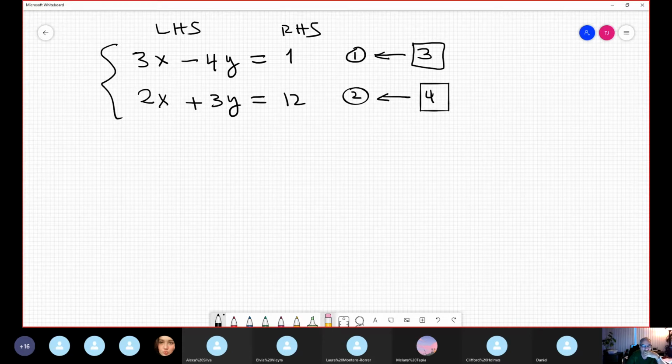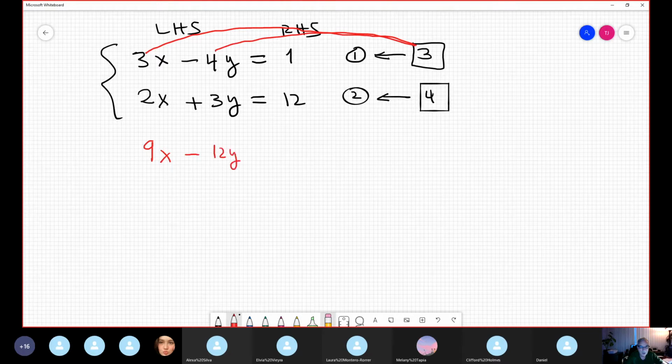When you multiply, 3 times 3 is 9x. 3 times negative 4 is negative 12y. Equal 3 times 1 is 3. And this is my new equation 1, exactly equivalent to the original. I change the coefficients, but it's the same.